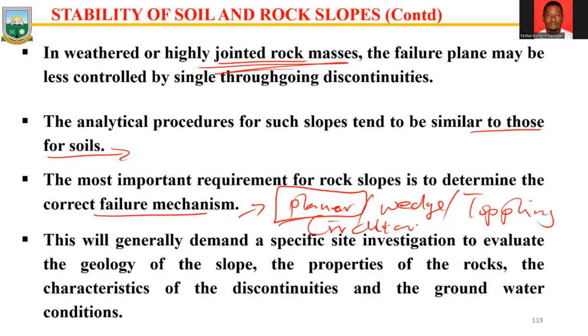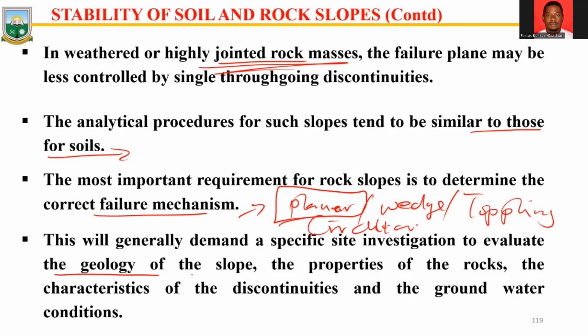Then this will generally demand a specific site investigation to evaluate the geology of the slope, the properties of the rock, the characteristics of the discontinuities, and the groundwater conditions. So indirectly, we have mentioned the various factors that you need to look at.